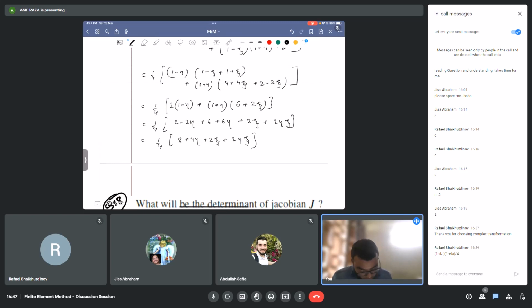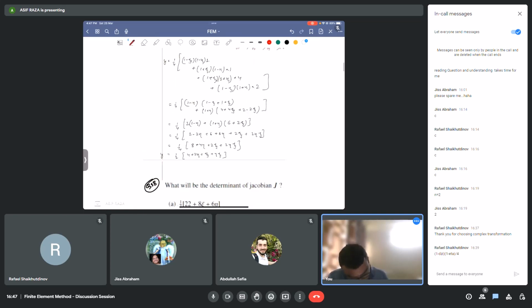If I take 2 as common, so it will become 1 by 2. This will be 4, 2 eta, xi, eta xi, y.